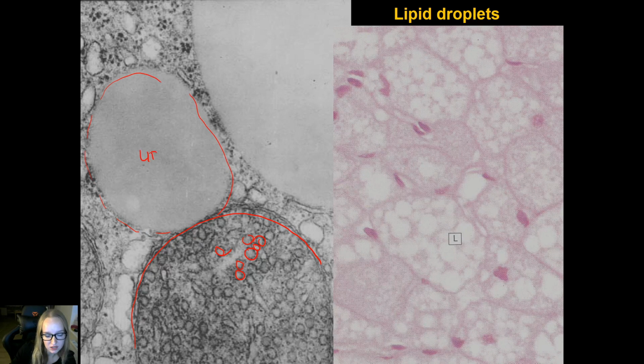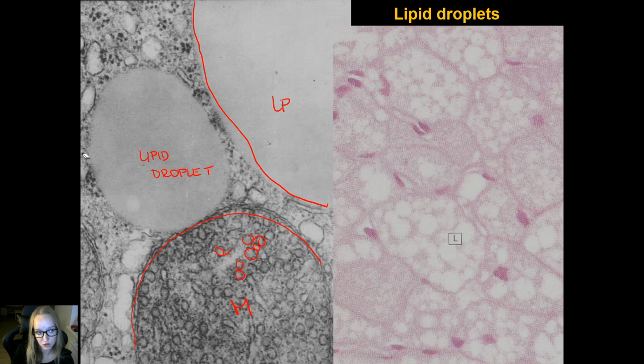So here this is the lipid droplet, and also here is another one. This is a lipid droplet also, and this is the mitochondrion right here. And as you can see, there is no membrane around the lipid droplets.